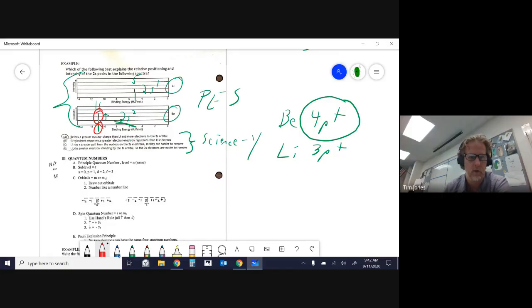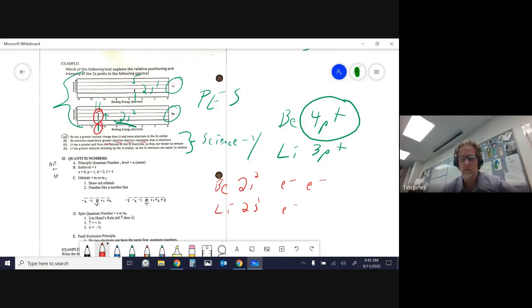If we look at answer B, it's actually a good statement, but it doesn't match this chart. Beryllium electrons experience greater electron-electron repulsion. That's true because beryllium has 2 electrons in its 2s subshell, whereas lithium is only 2s1.